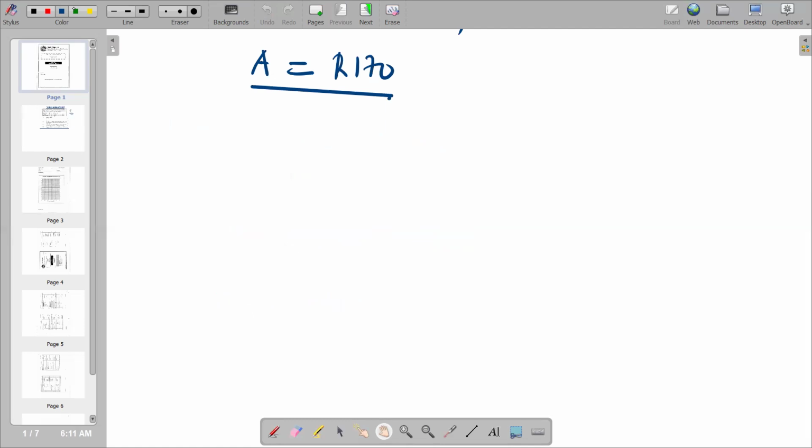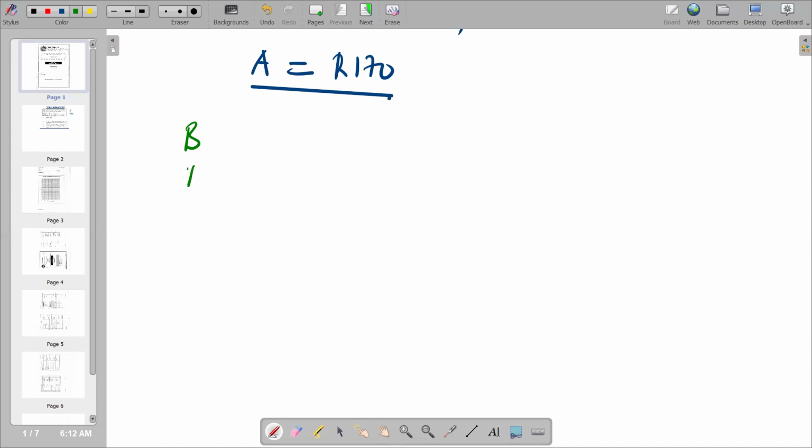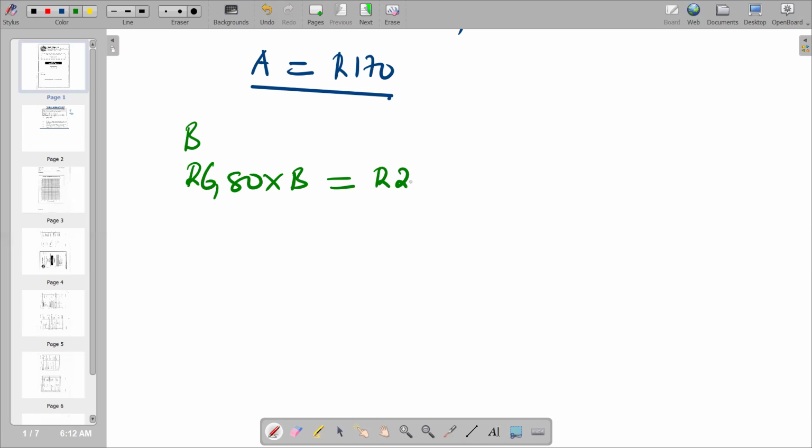We can present it as such: 6.80 times B gives your answer, 238 rand.